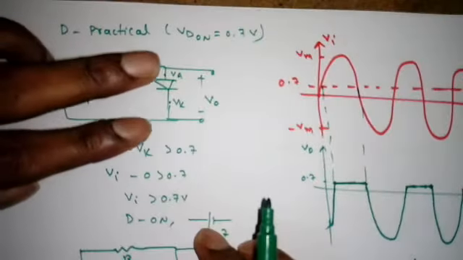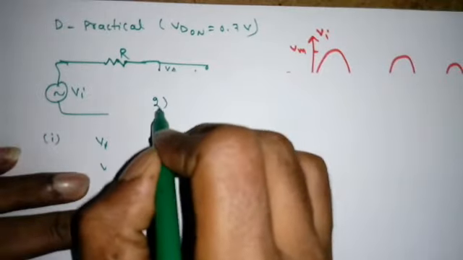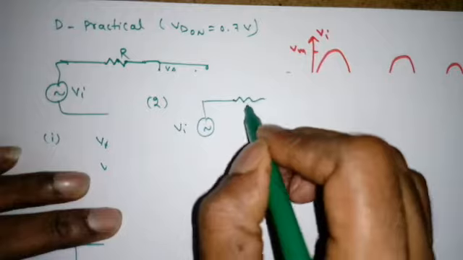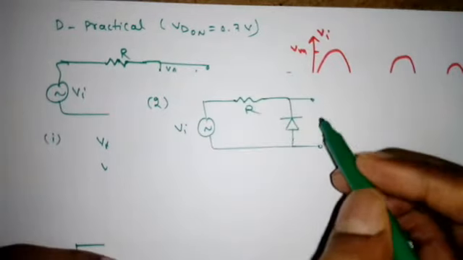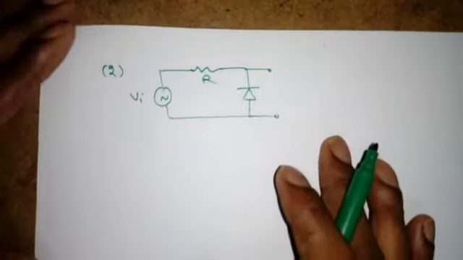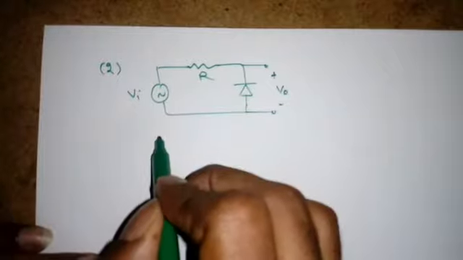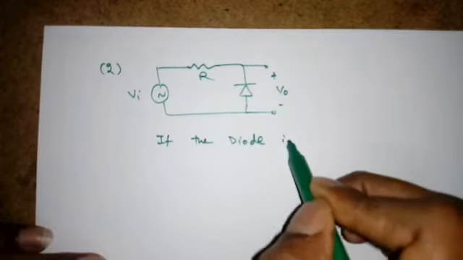Now if I want to make the negative clipper, what we need to do? We need to just reverse the diode, right. That is the second circuit. This is the VI, R, so if I just reverse the diode, we'll get negative clipping, right. Here I am taking V0. Again, the first scenario, the diode is ideal.